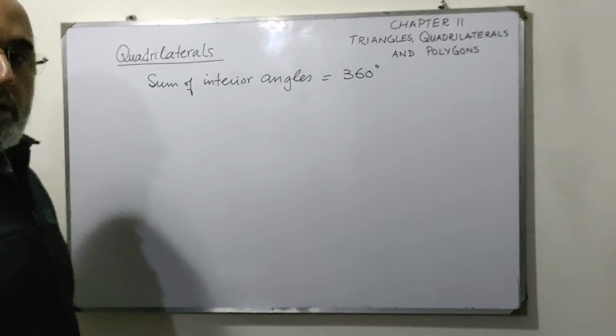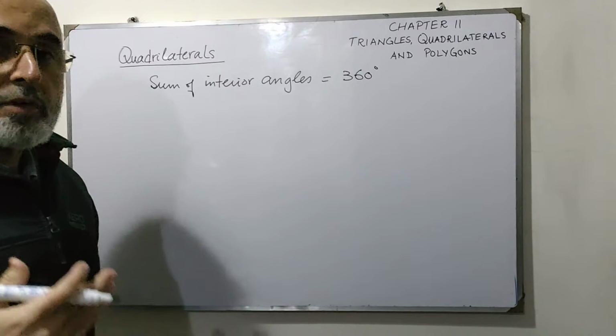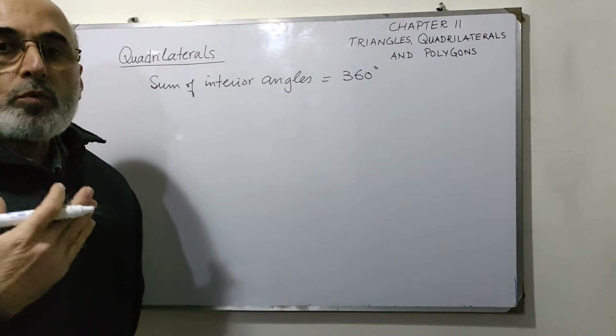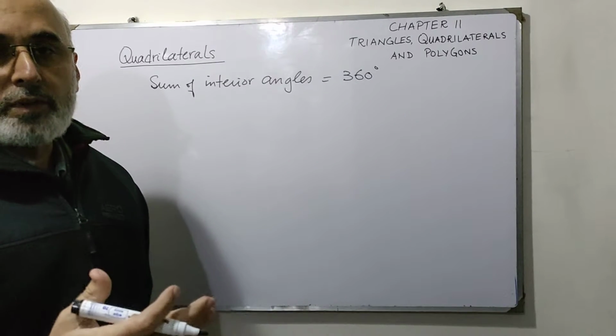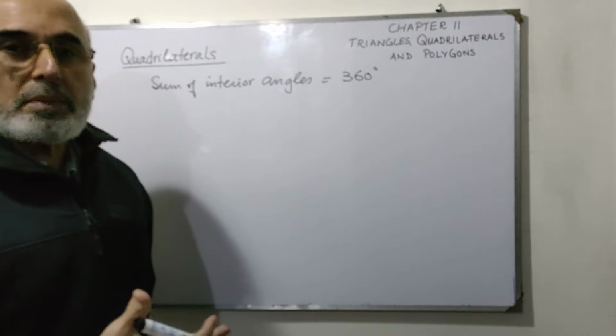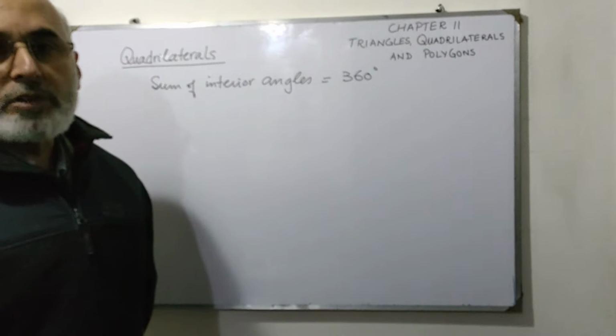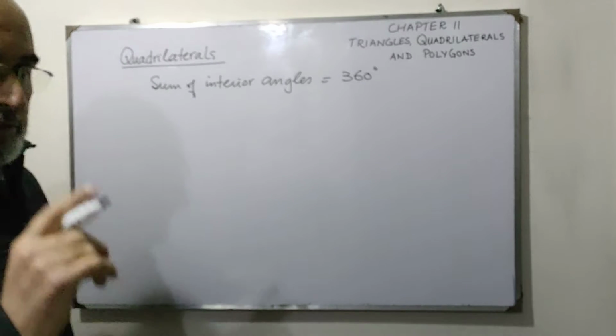Okay. So this is the first thing. Now if we are talking quadrilaterals, we will take a rectangle and a square, and we will see there are some properties which are similar to both, and there are a couple of properties which are not similar to both. So we'll see that.